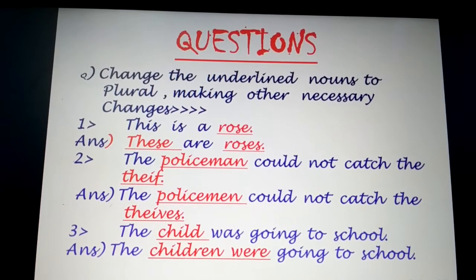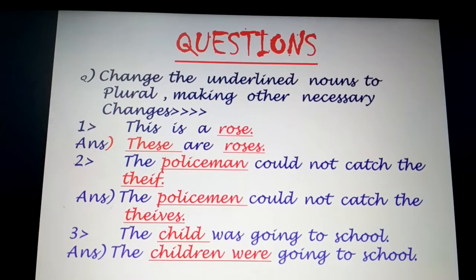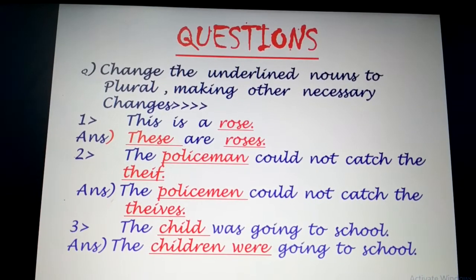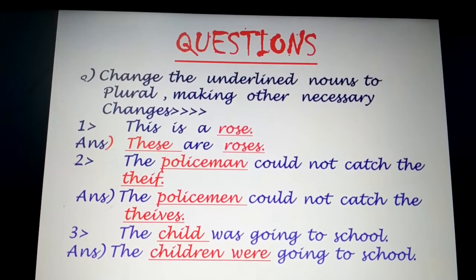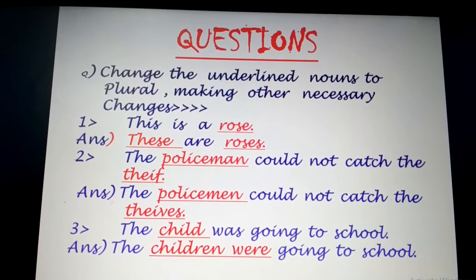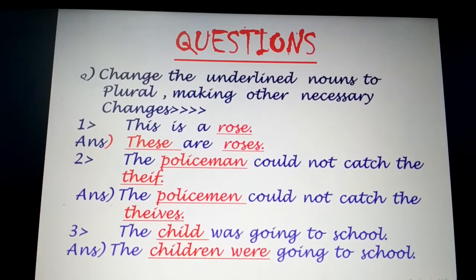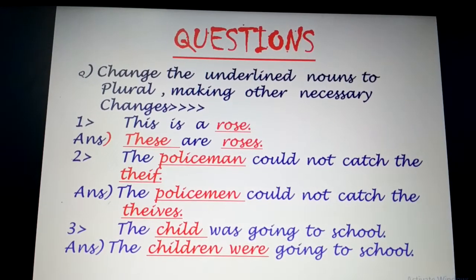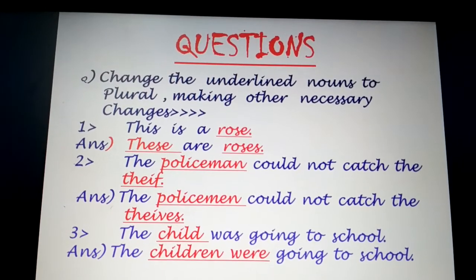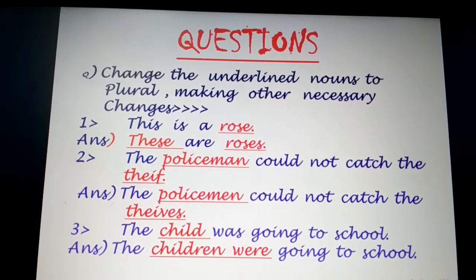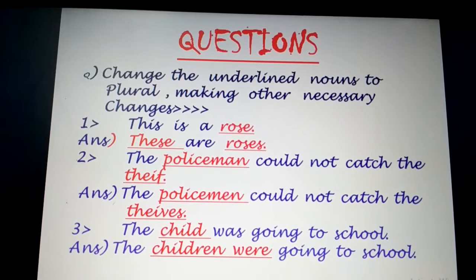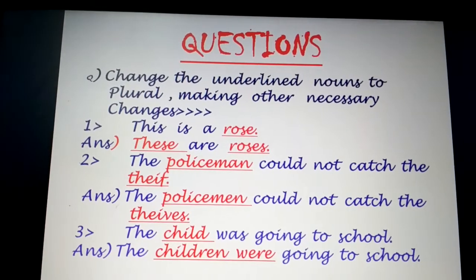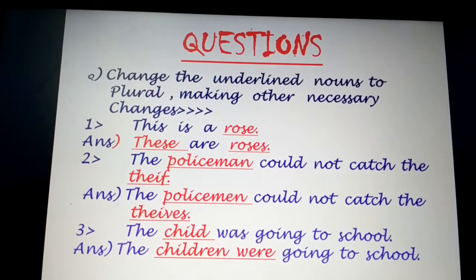We change the word rose to roses. But simultaneously, this, the spelling says it to be a singular. So this also changes, and it changes to the word these.